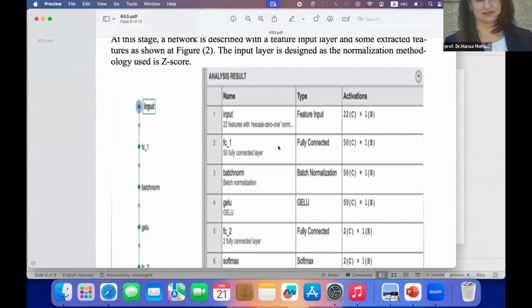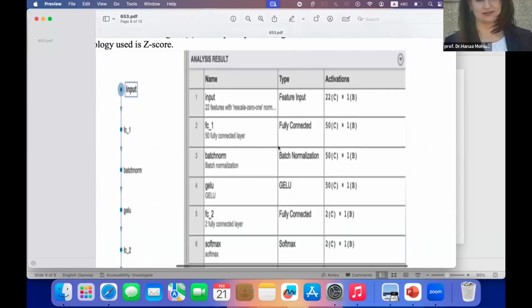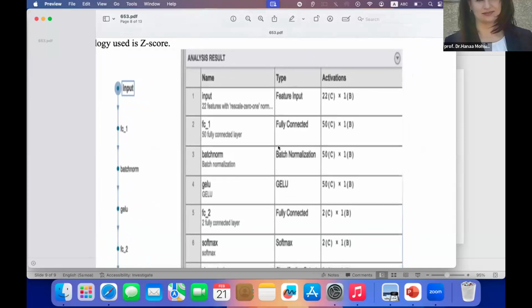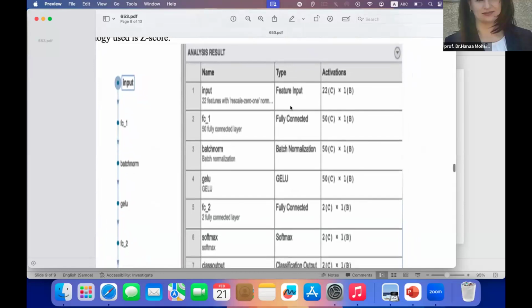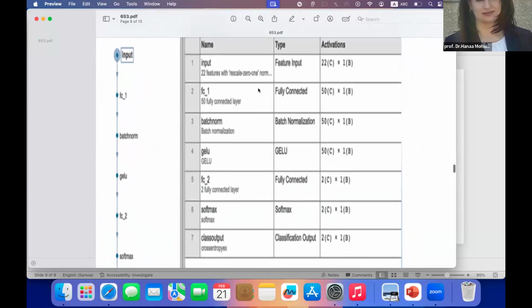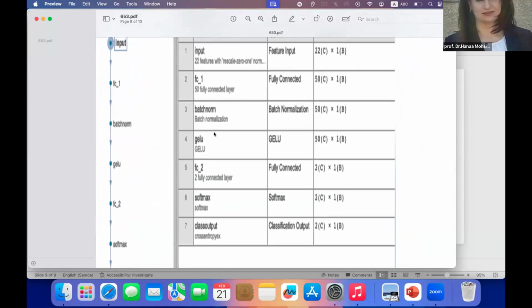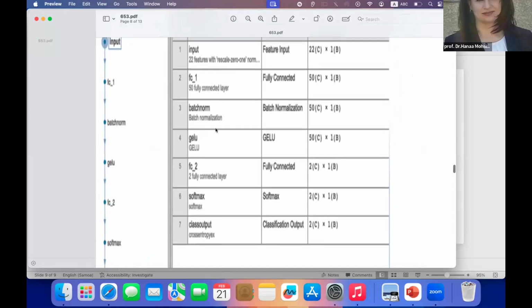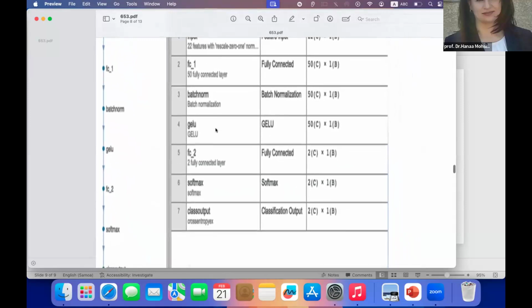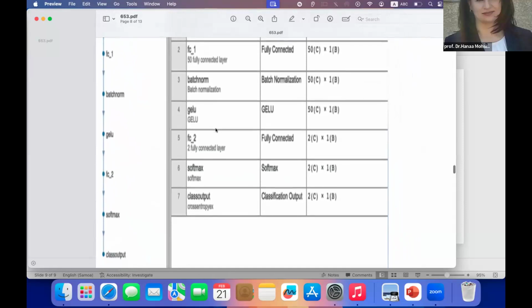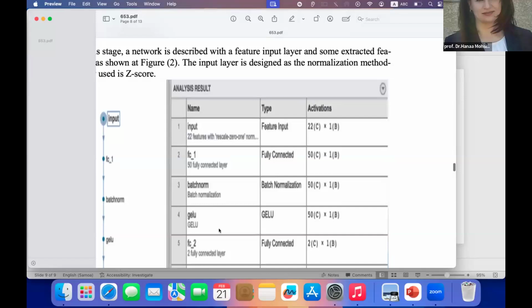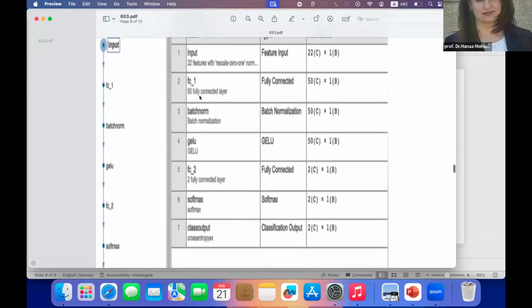The input of this model is about 22 features, with the activation function, a fully connected layer with 50 units, followed by batch normalization, which is also 50. Then also a fully connected layer, softmax, and classification as the final layer. This is the deep learning model which I used.